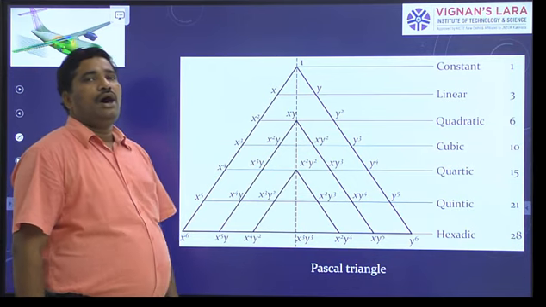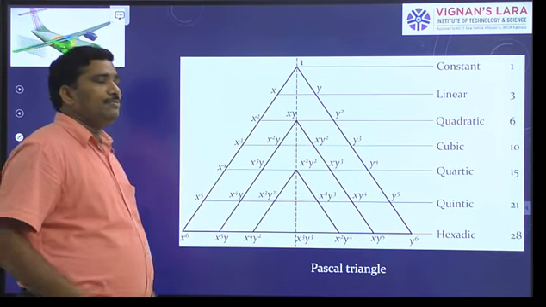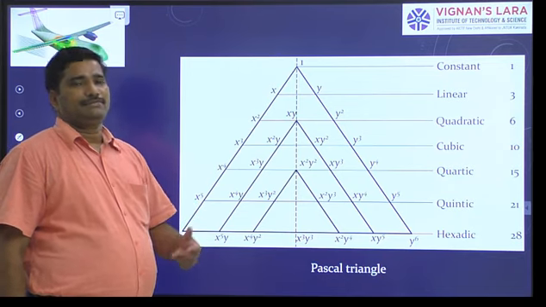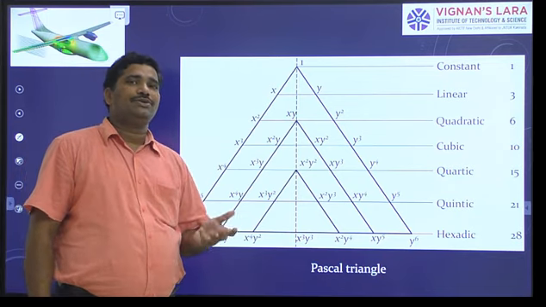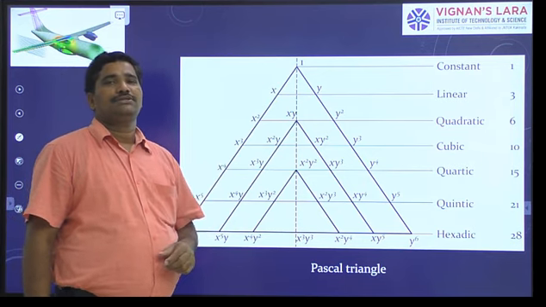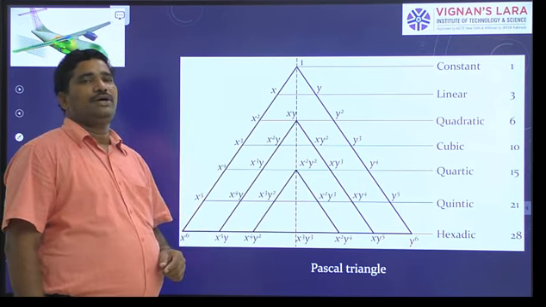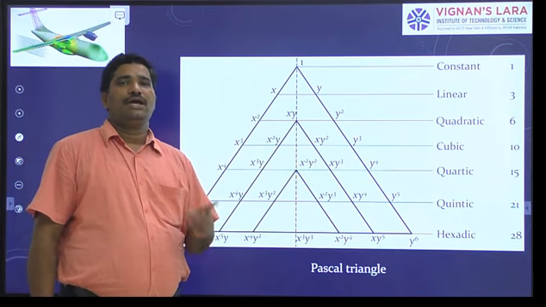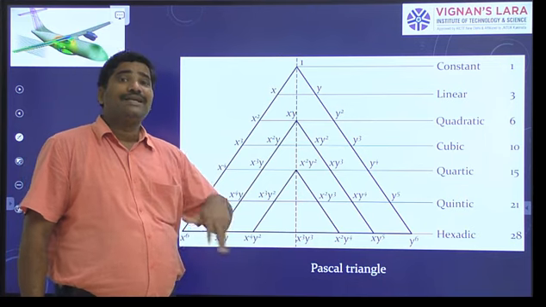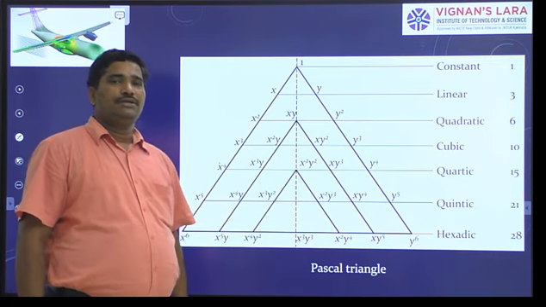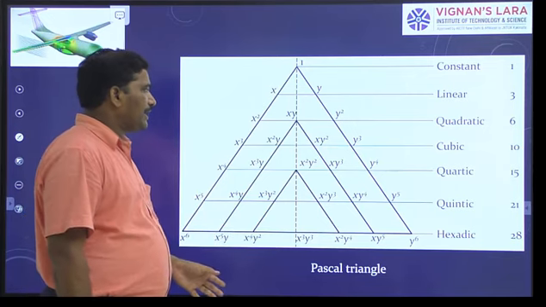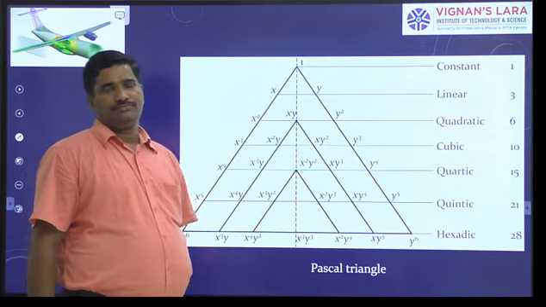See how you write the polynomial of variables x and y. As I said, you can remember the 2-dimensional polynomials and write for n equal to 1, n equal to 2, n equal to 3 and so on. The alternate way of remembering the 2-dimensional polynomials is remembering the Pascal strategy.